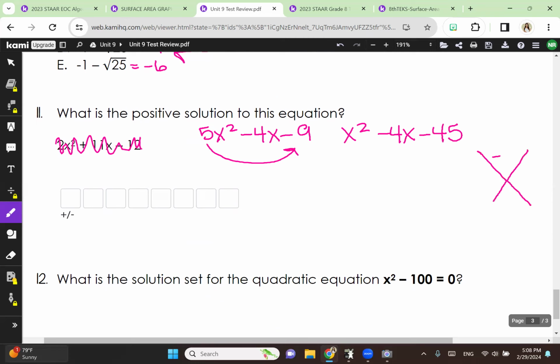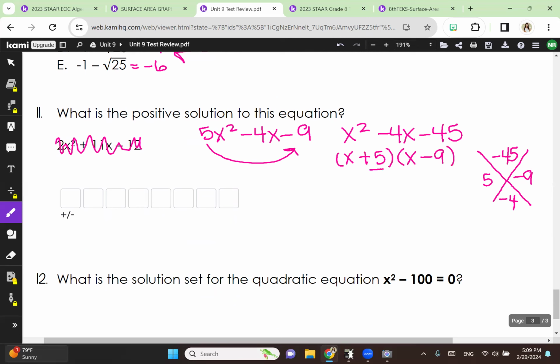You want to put your -45 and your -4 in your diamond. Okay. Then from there, it gives us 5, -9. So you put that in your binomial, x plus 5, x minus 9.